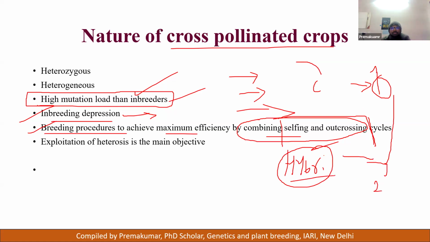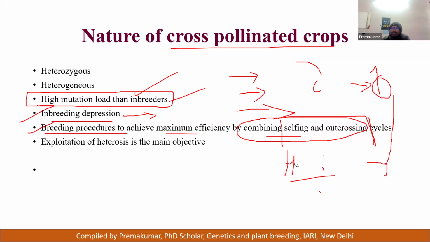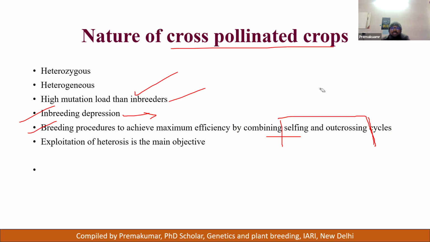One is to develop heterozygous lines, and you should attain uniformity. This is also one of the important criteria. You should attain heterozygosity and also uniformity in the population. These are the two things we need to aim for in breeding cross-pollinated crops. All the breeding methods or procedures aim towards it.